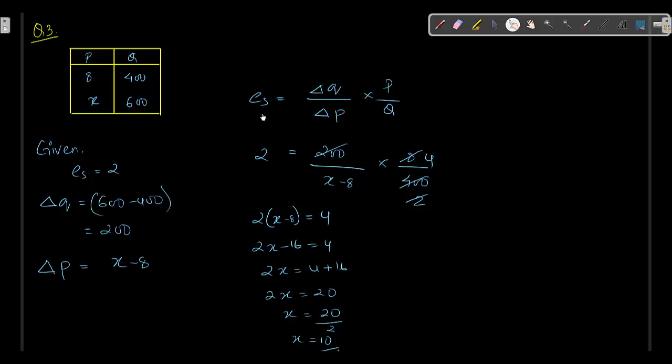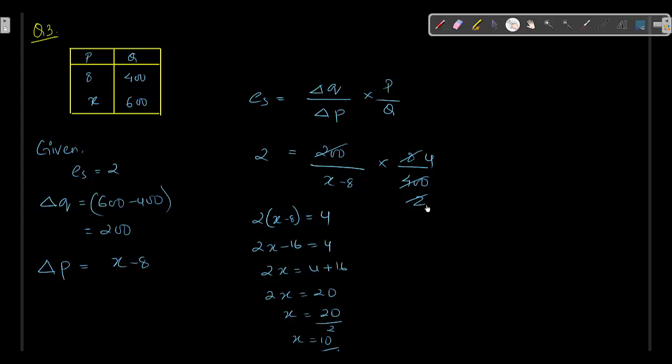Now put on the formula. ES is equal to delta Q by delta P into P by Q. So ES is 2, delta Q is 200, delta P is x minus 8, into original price 8, divided by original quantity 400. So you please do the subtraction, multiplication and whatever.